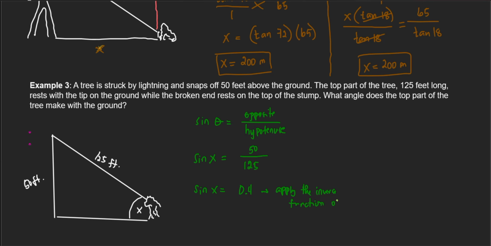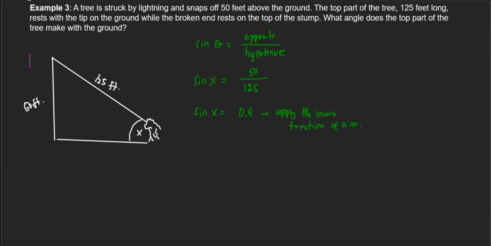When we say inverse function, that is the opposite of sine. So what is the opposite of sine? That is sine raised to negative 1. Since we are just looking for the value of x, we put x here, then equals sine negative 1, since that is the inverse, then write 0.4.